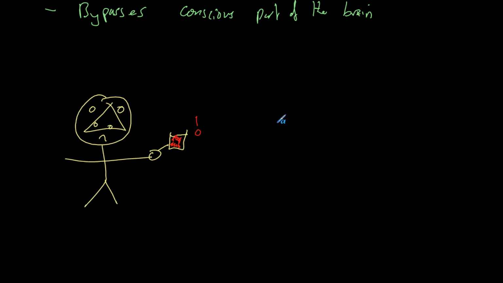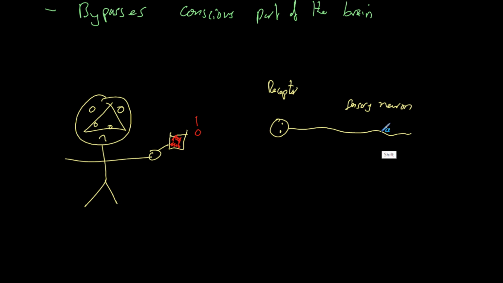So first of all, we have our receptor, a sensory receptor, and that will be joined to the sensory neuron. So this represents the sensory neuron.